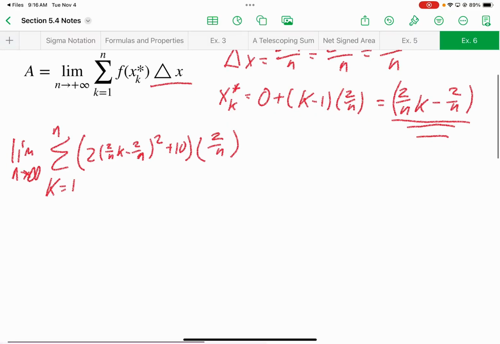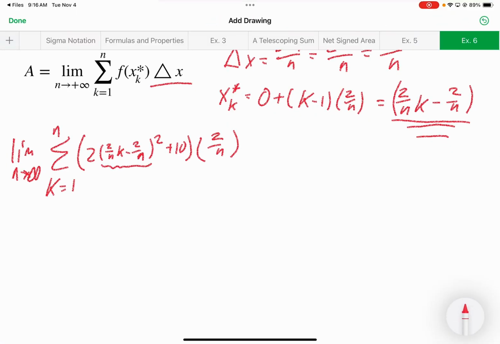All right. So now what I've got to do is focus on squaring out this mess. So then I would get limit as n goes to infinity, sum of k equals 1 to n of 2 times, okay, let's square. All right, so 4 over n squared k squared.